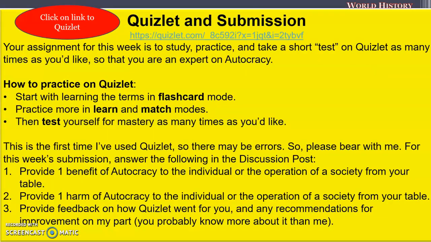So you've done that table. Now you're going to go to Quizlet and take some time to try to learn and test your knowledge. You can go to the link, click it, and then start playing with the flashcard feature, practice and learn the match modes, and then test yourself.